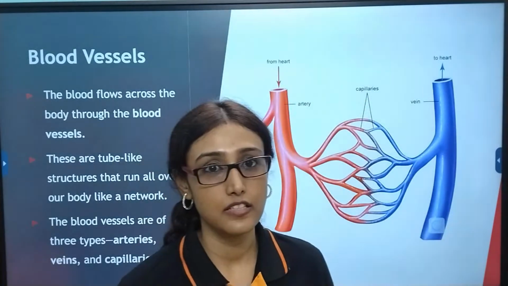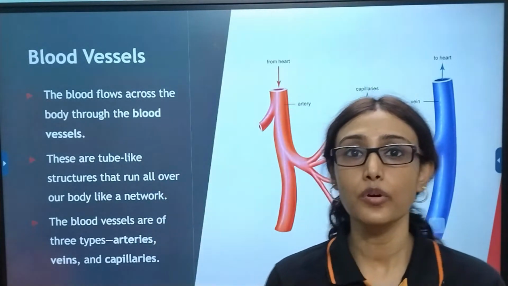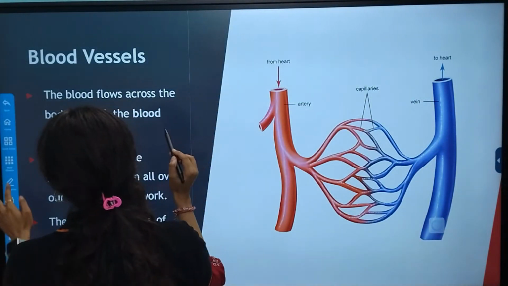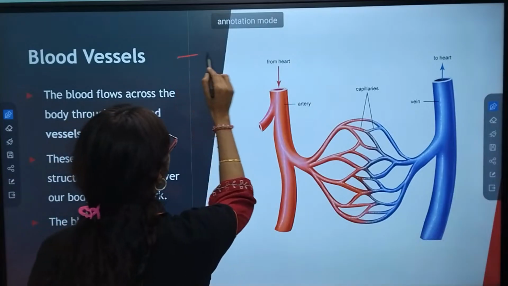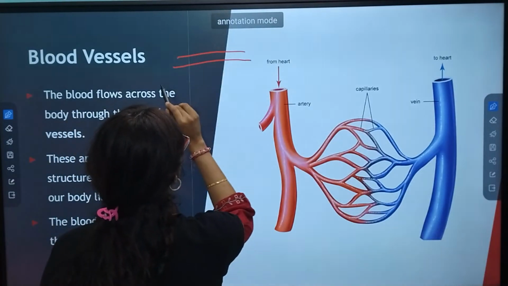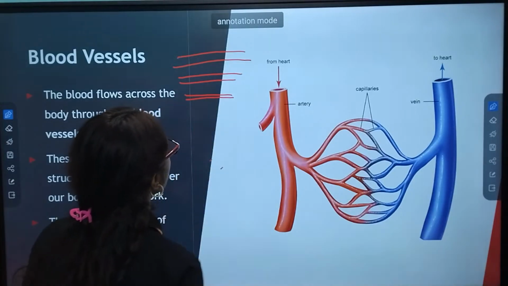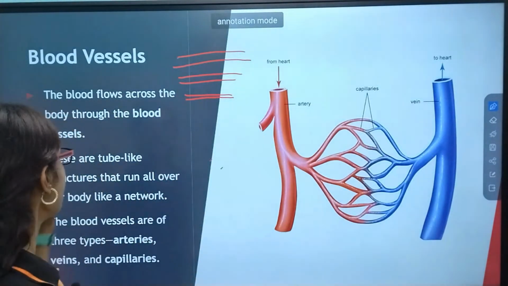In the previous lecture, I have already told you that blood is carried by three different types of pipes. These pipes are known as blood vessels.